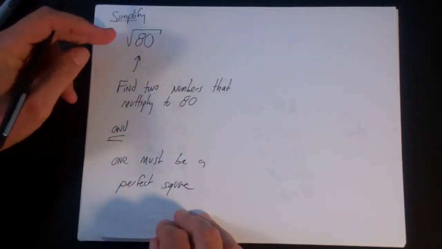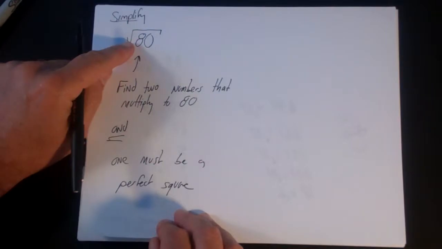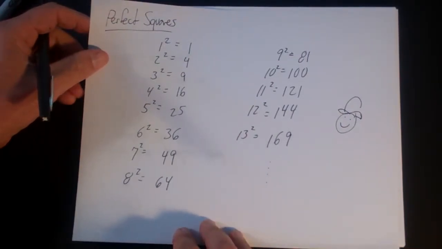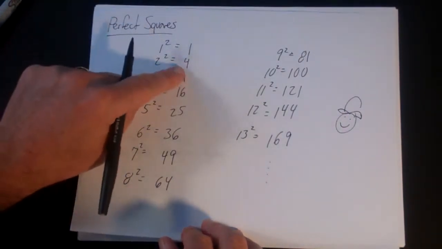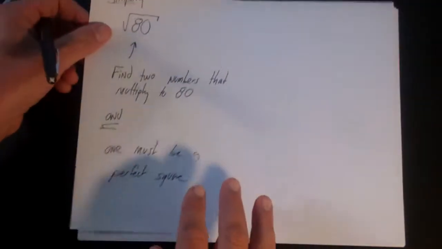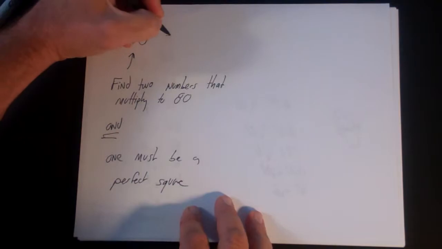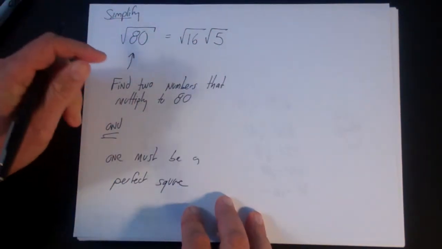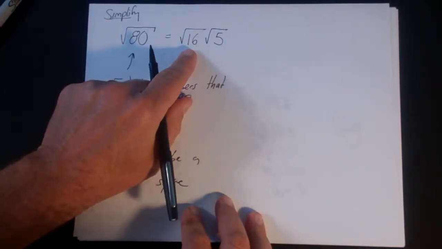If we look, 8 times 10 is 80, but 8 is not a perfect square. So let's look at our perfect squares real quick and see if 80 goes into any of them. 4 does, it's 4 and 20, and actually 16 does, 16 and 5. So if we simplify this into the square root of 16 times the square root of 5, then the square root of 16 simplifies.